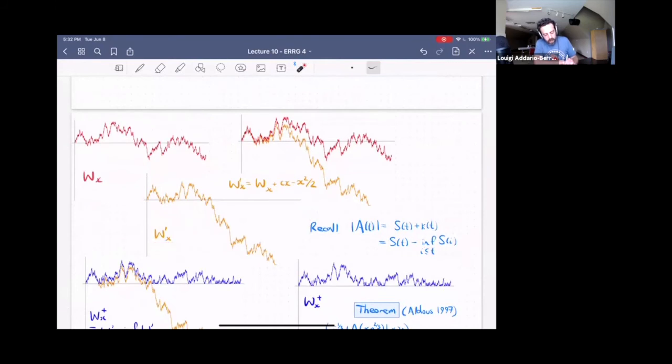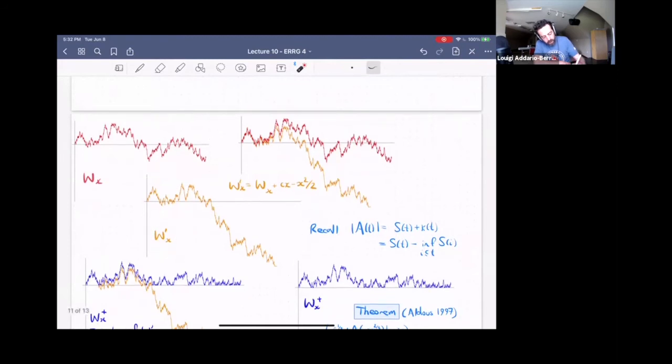This W prime process is roughly what we're saying the process S, on the time scale x n to the 2/3 divided by n to the 1/3, looks like.